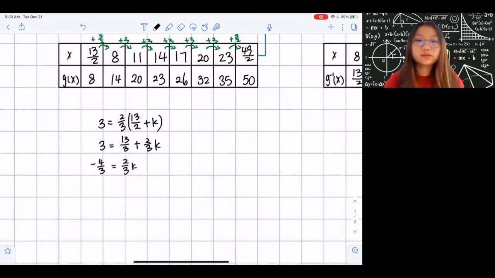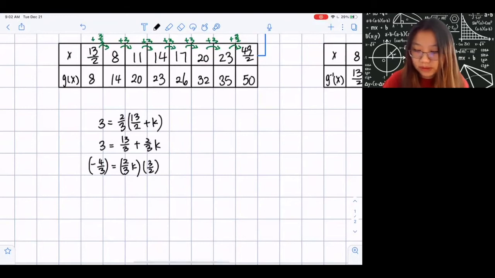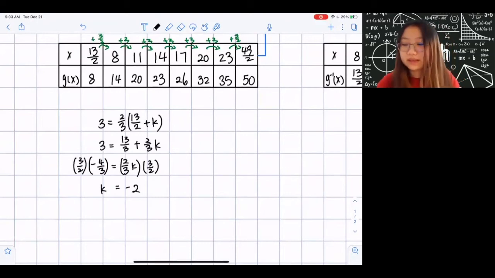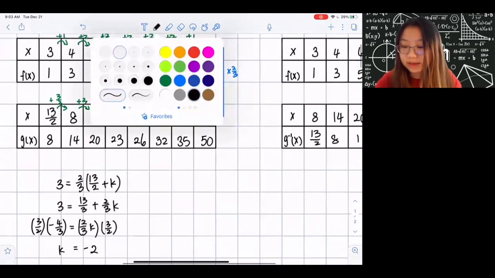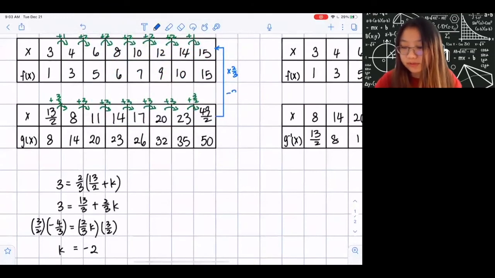If you don't know how to solve this step, basically we're multiplying by 3/2 on both sides. I'll get that k equals negative 2, which is basically the transformation I need. It's a shift, right?